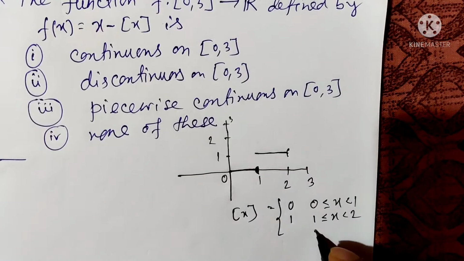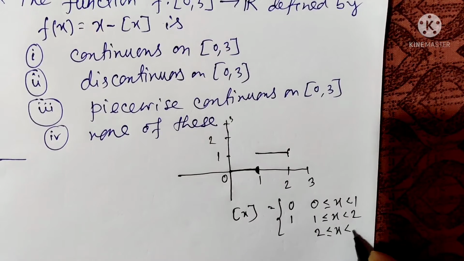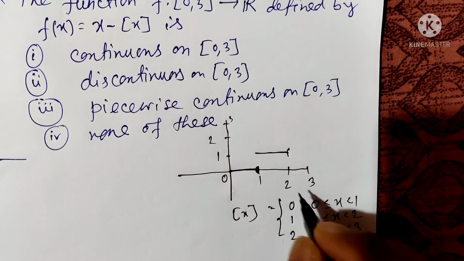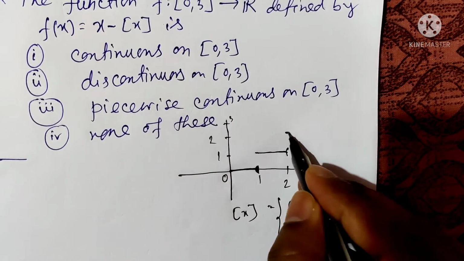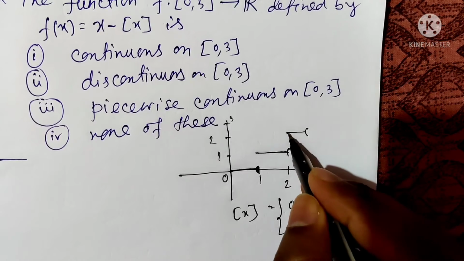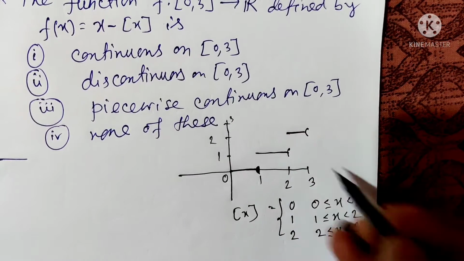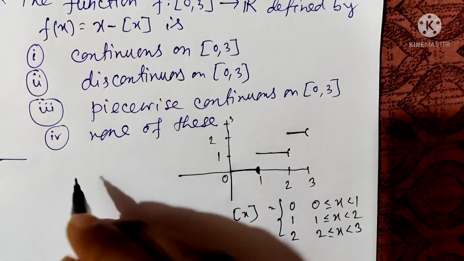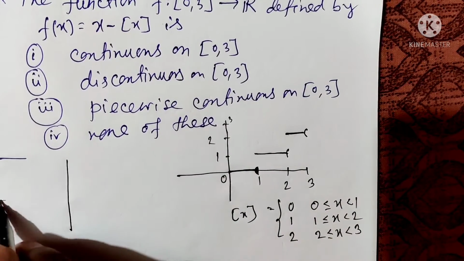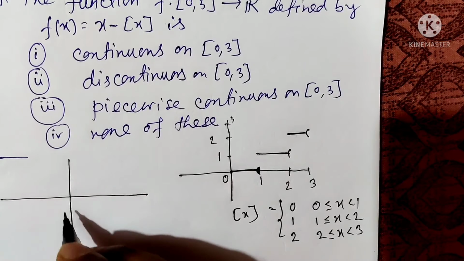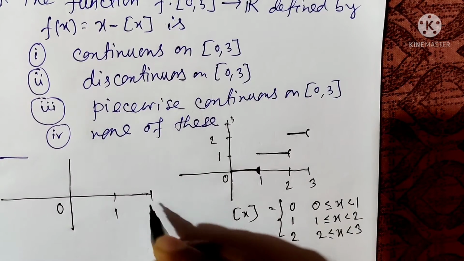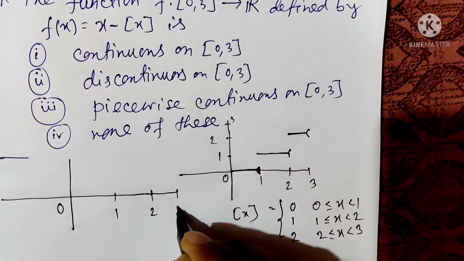And for 2 less than or equal to x less than 3, the floor of x is 2, because it cannot take the value 3. So this is the box function. Now we draw this, with the points 0, 1, 2, and 3.